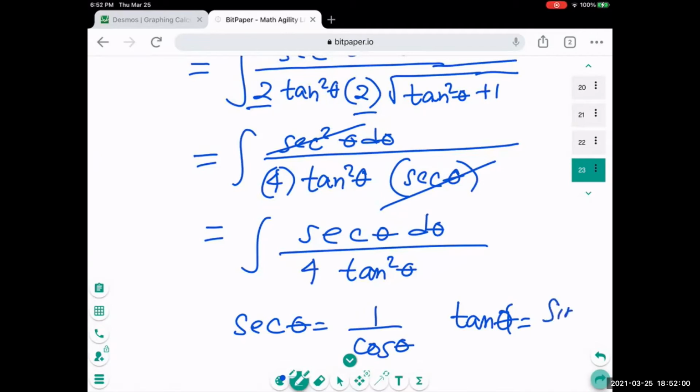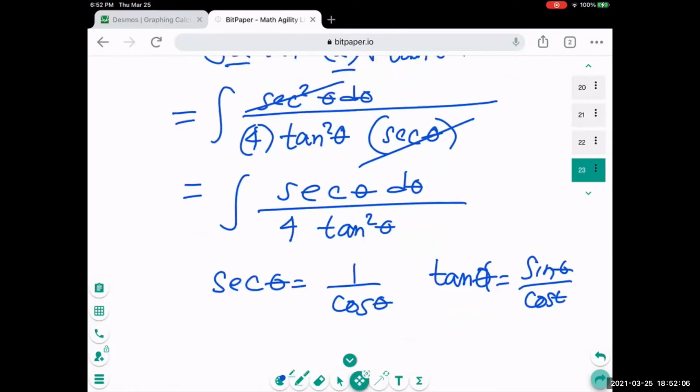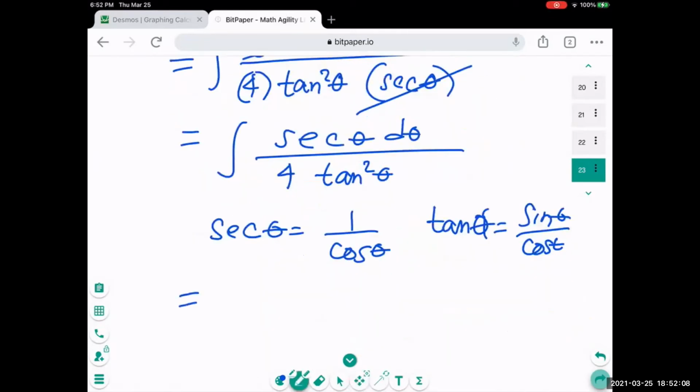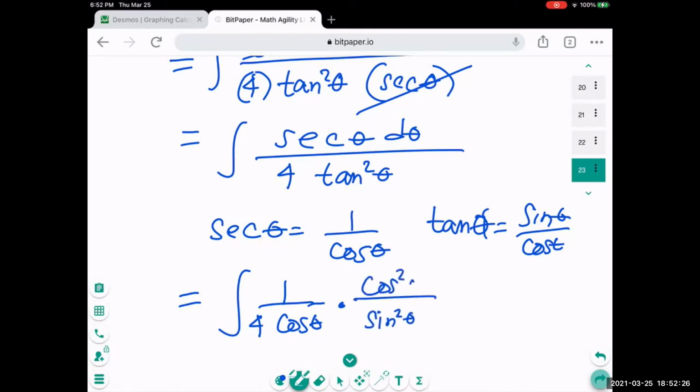Okay, so let's try to use that identity here. So 1 over cosine theta, and then ito yung 4, and then yung tangent. So since nasa ilalim siya and it's a square, so magiging sine squared lang to and cosine squared on top, right? D theta.